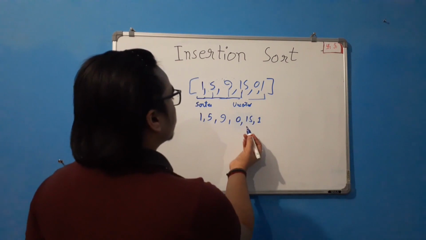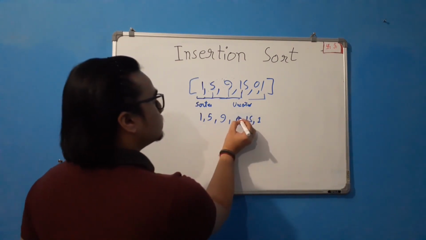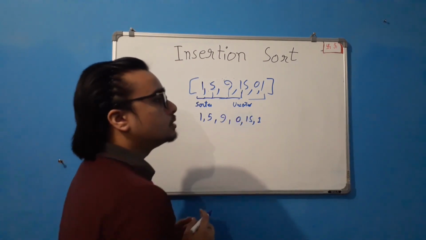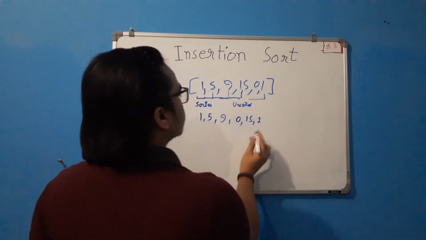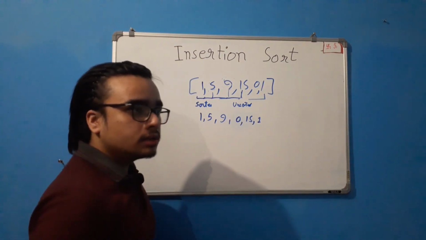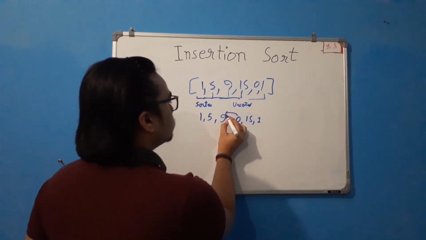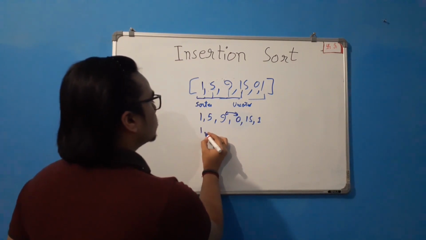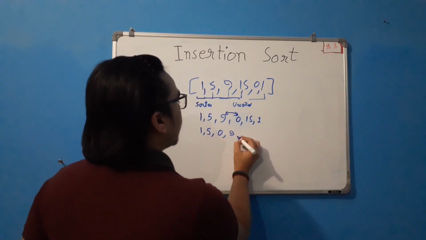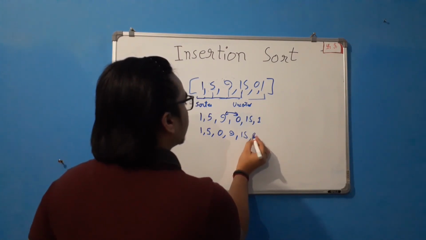Now this 0 will be compared to the element previous to it. So this 0 will be compared to 9, which is bigger, so the values will be swapped again. This will become 0, 9, 15 and 1.